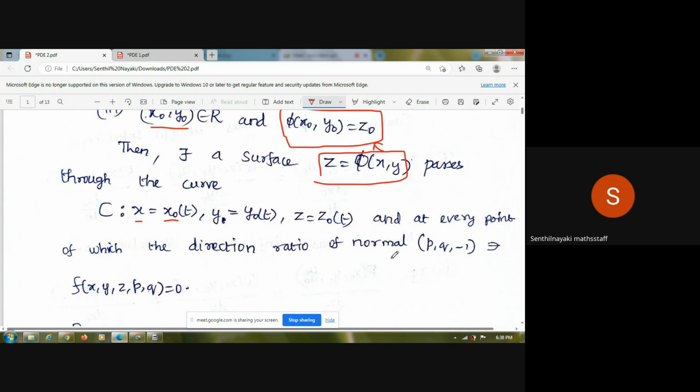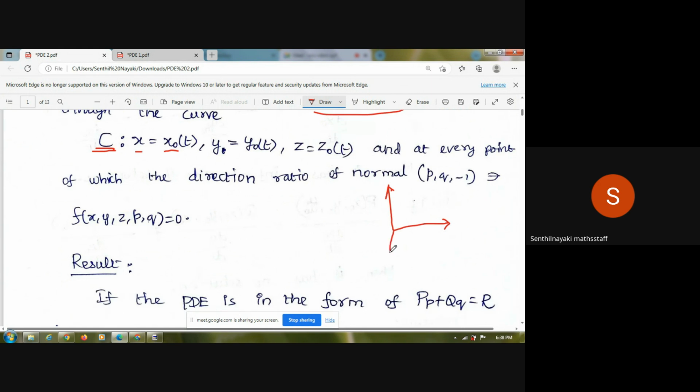We have to find out this curve, which is very important. If we consider this is x, this is y, this is z, then x, y are independent variables and z is the dependent variable. If we consider a curve which is continuous in the z axis, then the image of this curve in the xy plane, this is the image.